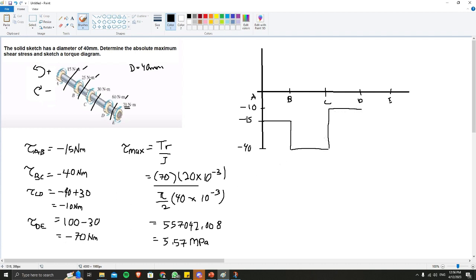And then lastly, for DE, we go to negative 70, so it is around here. And then we complete the graph. So the shape will be like this.